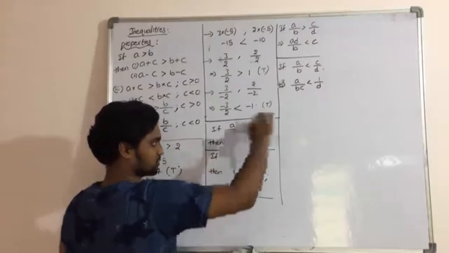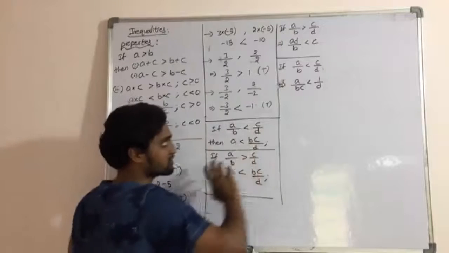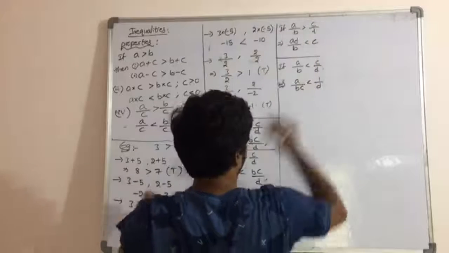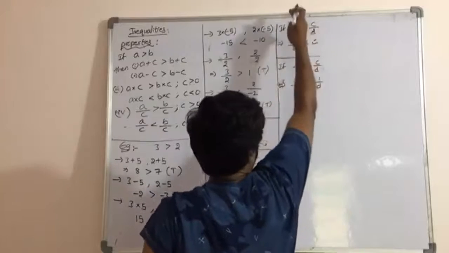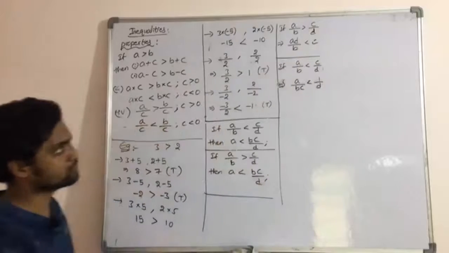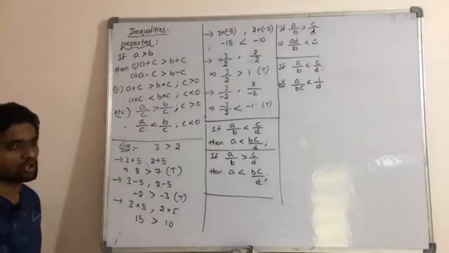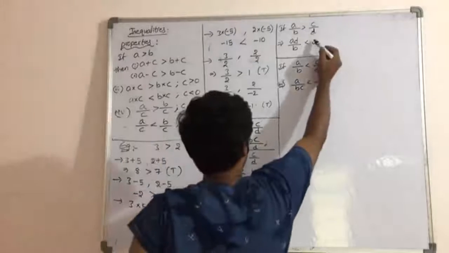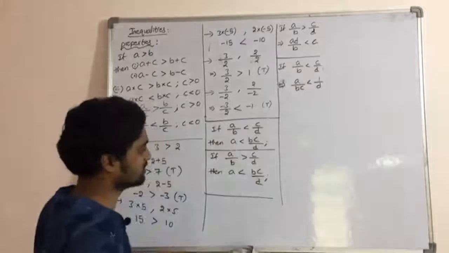Cross multiplication here, this, and here, this. So what have we done there? Cross multiply. Cross multiply in the sense, see now.